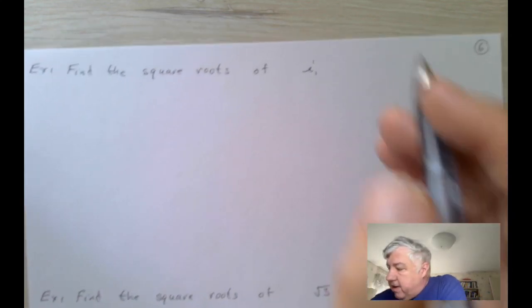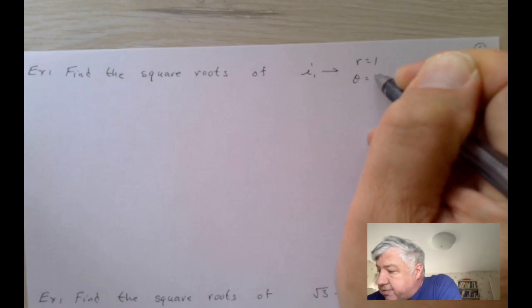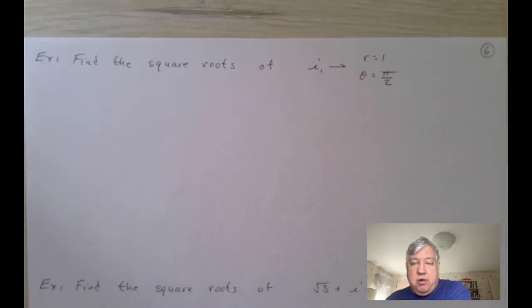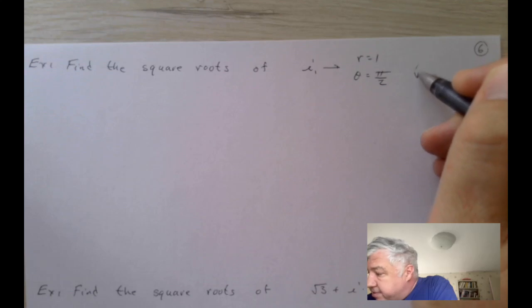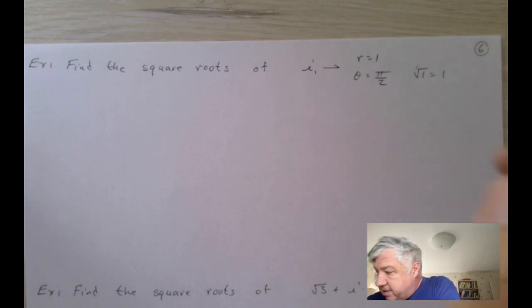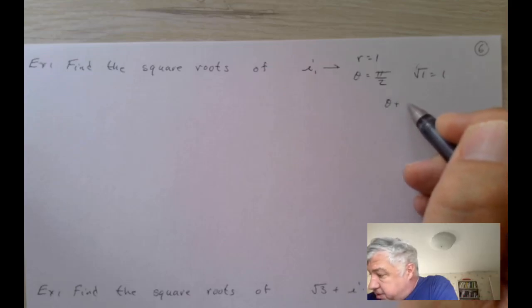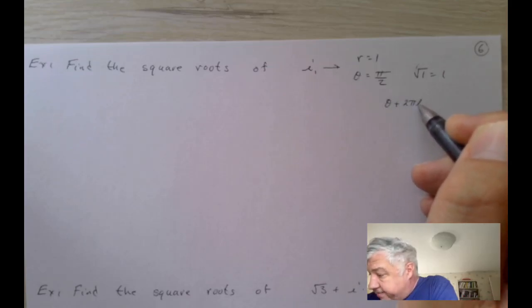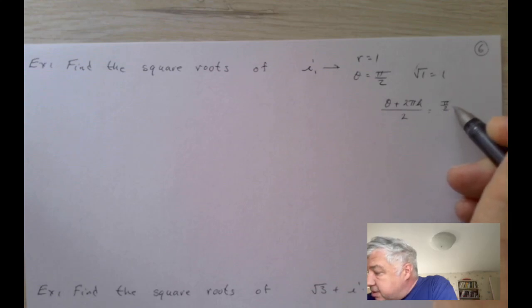Now for i, r is going to be 1 and theta is pi over 2. We've already determined that. So the square root of 1, of course, is 1, and theta plus 2 pi k over 2 is going to be pi over 2 plus 2 pi k over 2.